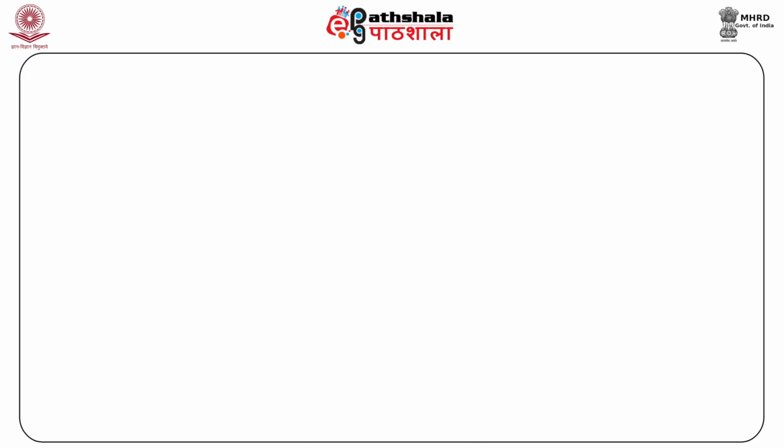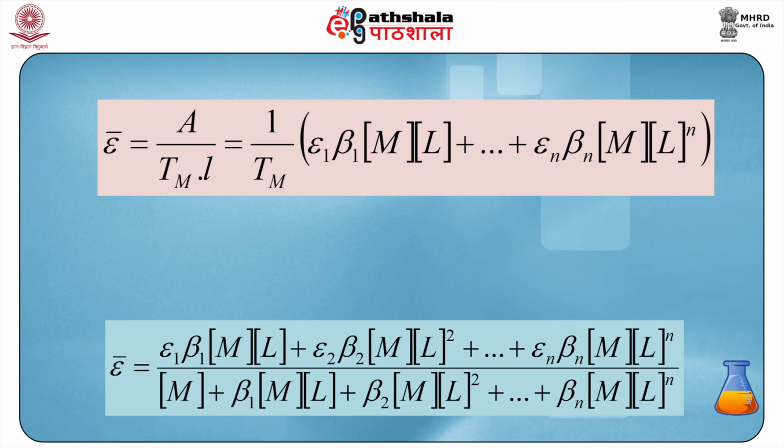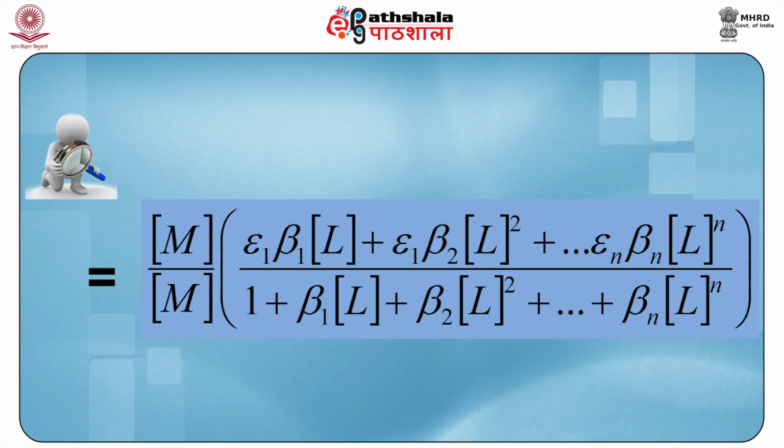Dividing both sides by total metal concentration Tm, we arrive at the mean molar extinction coefficient, represented by epsilon bar. This epsilon bar is equal to A divided by total metal concentration into L. Substituting the individual values of Tm here, we arrive at this equation.